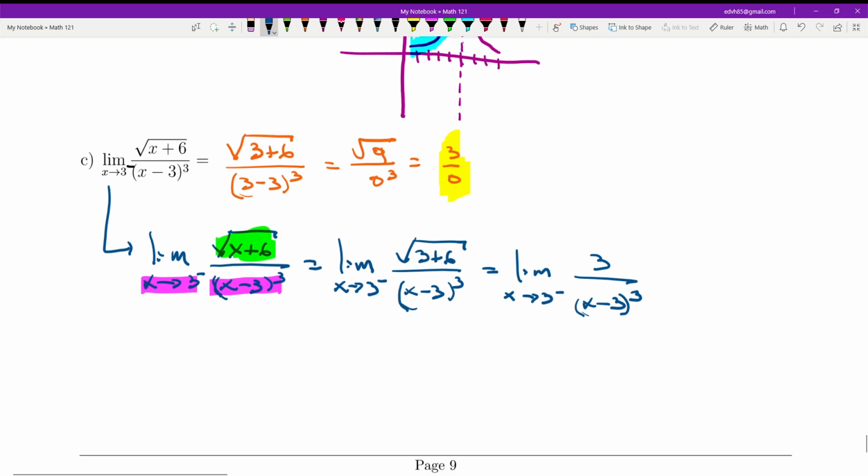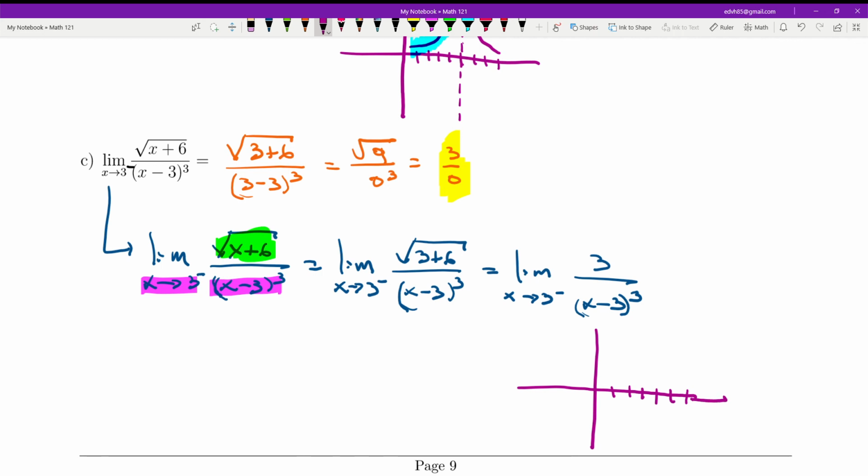Now, we're going to look at the graph of 3 over (x minus 3) cubed. And notice the odd power. An odd power is going to point to two different infinities. So the asymptote is going to be at 3, and on the one hand it's going to go this way, and on the other hand it's going to go the other way.